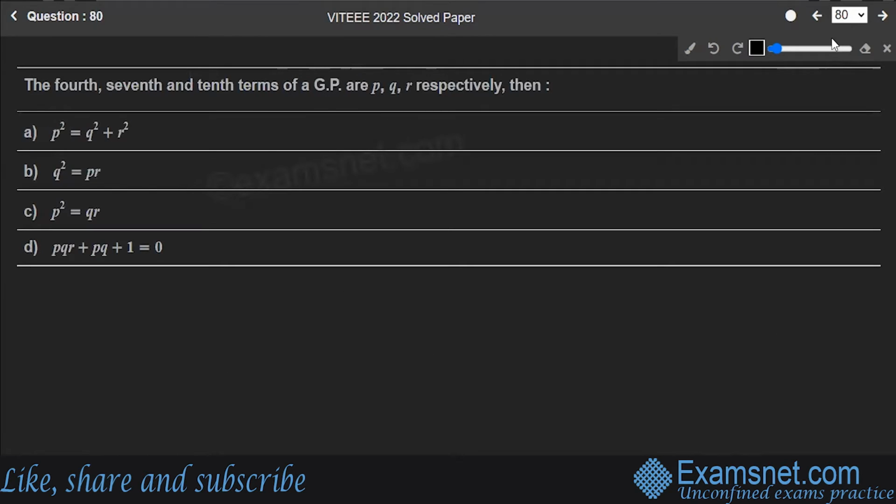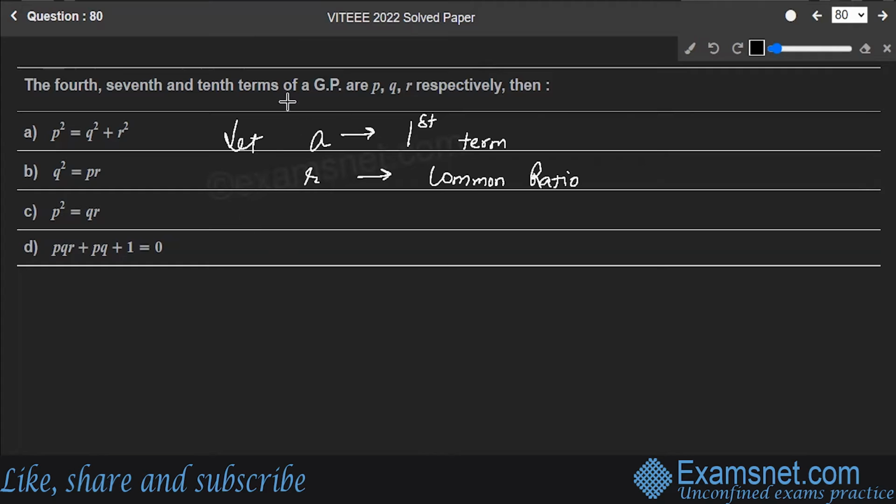The 4th, 7th and the 10th terms of a GP are p, q, r respectively. Then which of the following is true? So here I'm assuming in this question, let a be the first term of this series and let r be the common ratio.